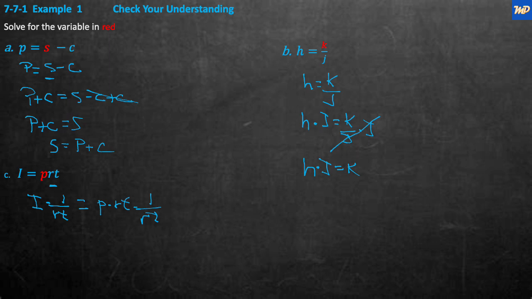So the RT times 1 over RT cancel, and we're left with I over RT. We can write it I over RT is equal to P. Okay?